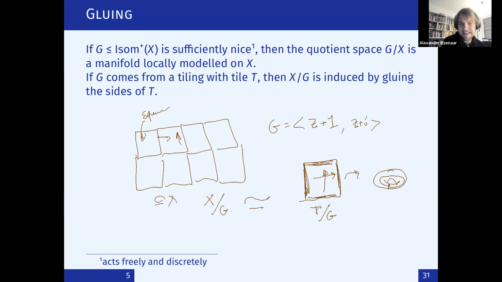So this is not T as a subset of X. This is T with the group action induced by these edge pairings. So just by looking at the action on a single tile, we can see what the group quotient is of the whole space.